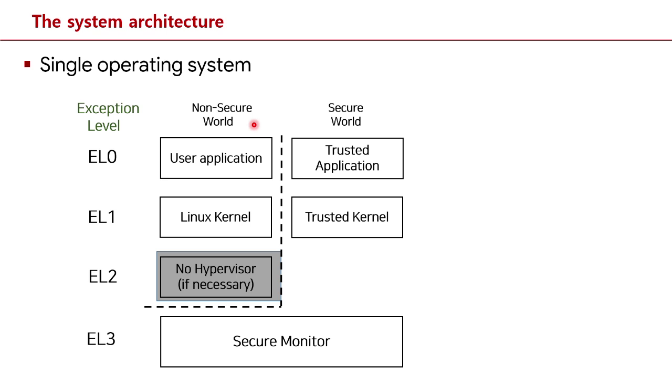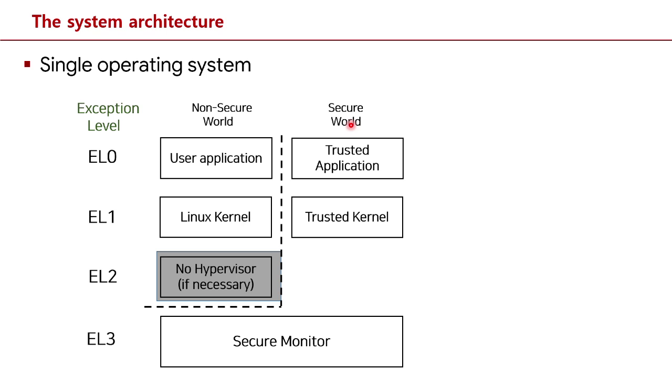And sometimes your application should be executed under a security sensitive environment. In this case, you need to run the SMC assembly instruction. And in this case, the exception level can be switched from EL1 to EL3. And then the control is moved to EL1 in the secure world.